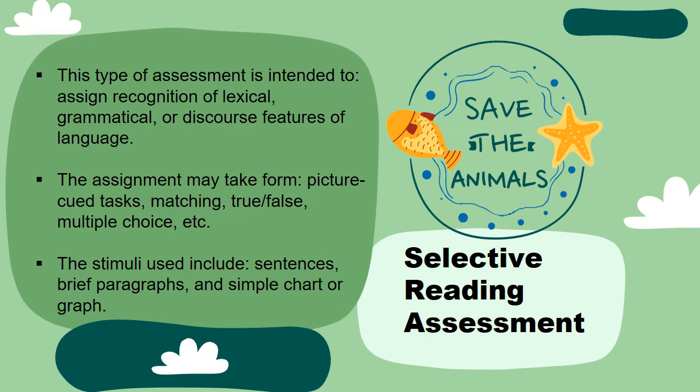This selective reading assessment can take the form of picture cue tasks, matching, true or false, multiple choice, and so on. Then what is the form of the stimuli? The stimuli include sentences, brief paragraphs, and simple charts or graphs.